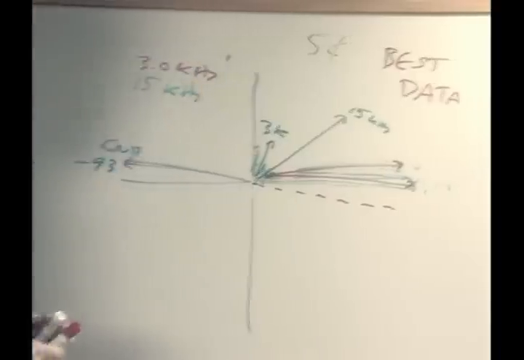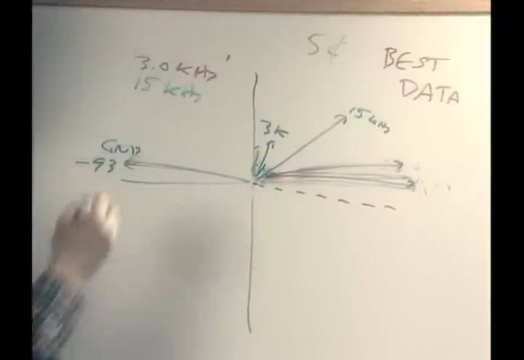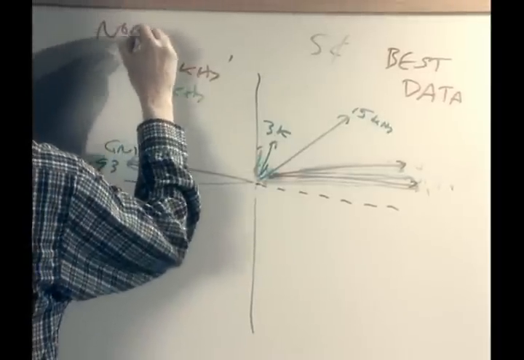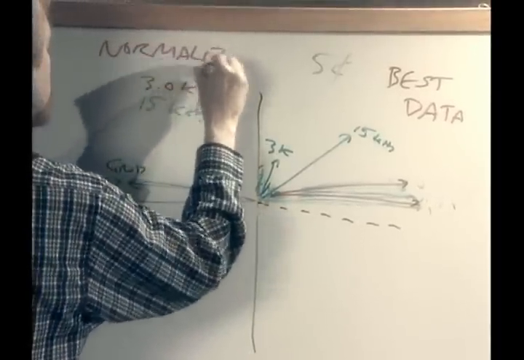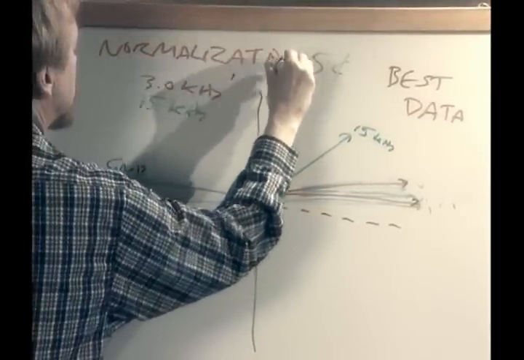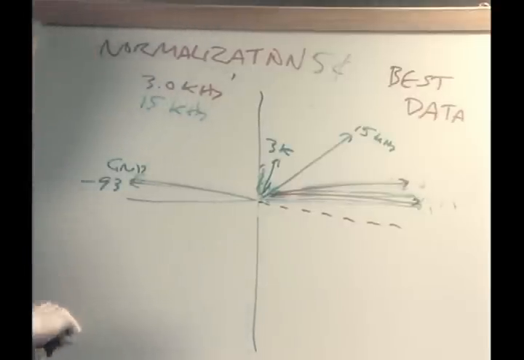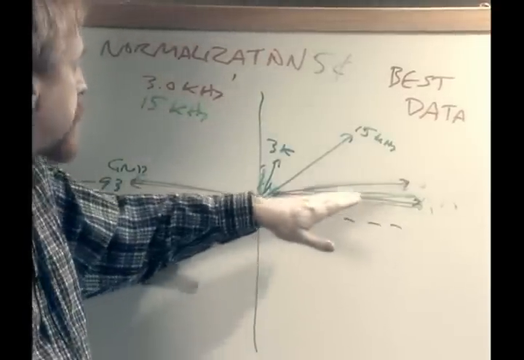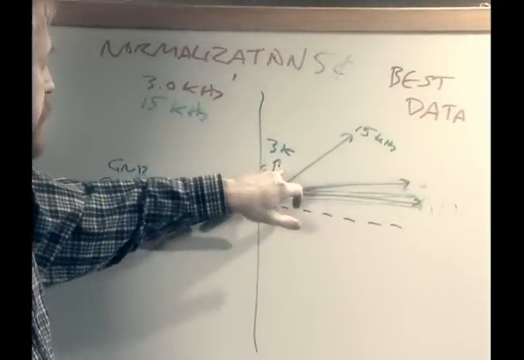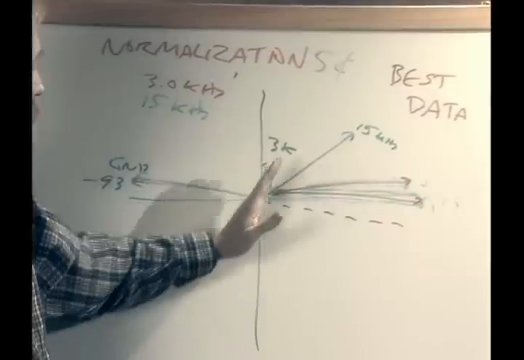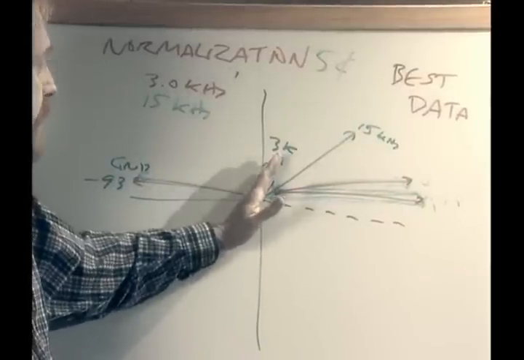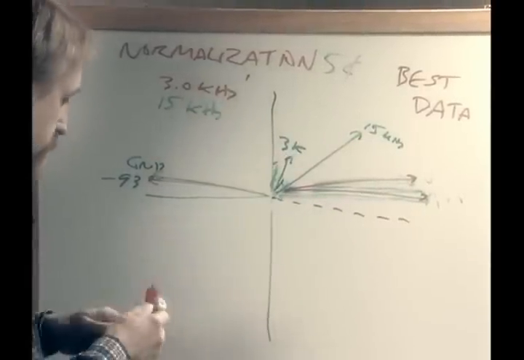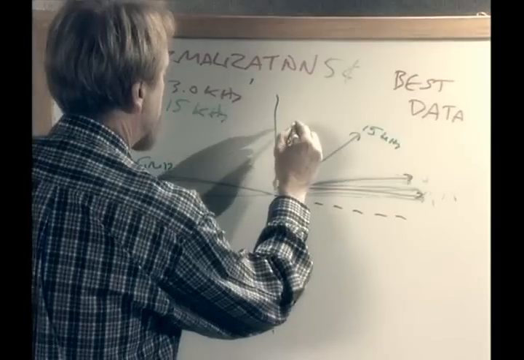Now, something I should probably mention at this point is what we call normalization. If I pass over a nickel, for example, at 3 kilohertz, I'll calculate a phase and a VDI response that will be at 3K, maybe 10.